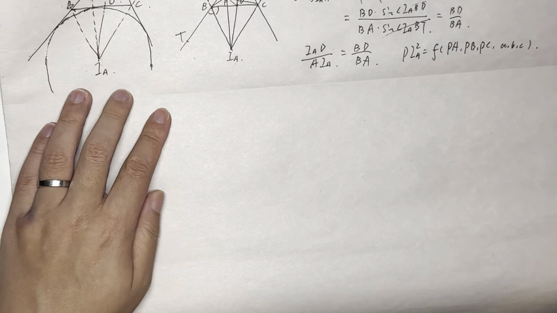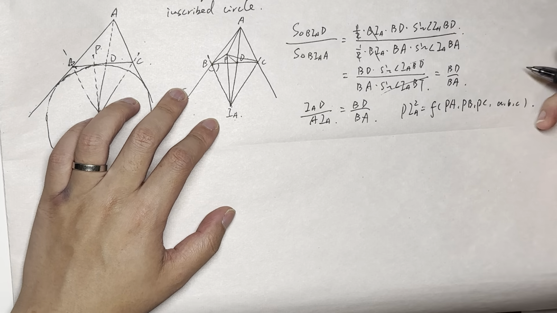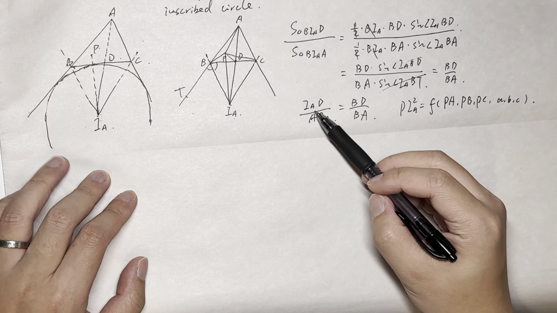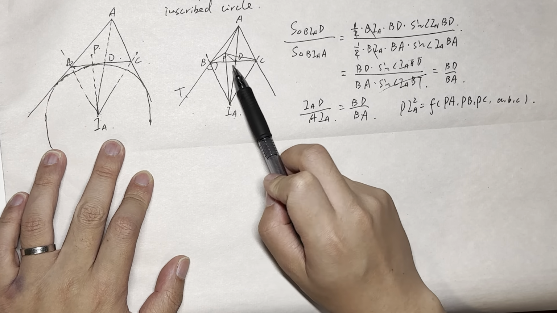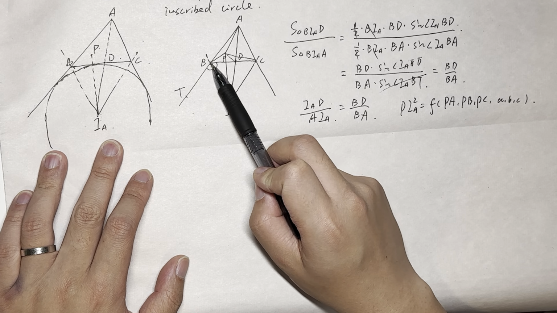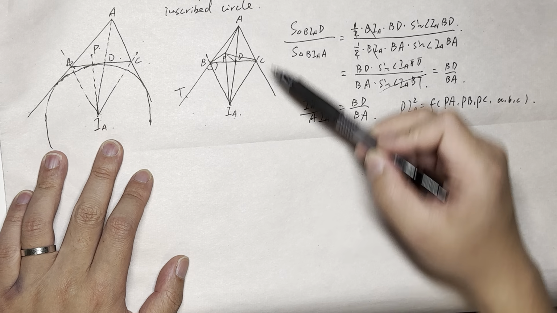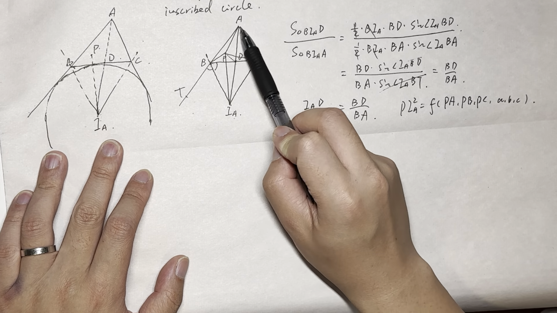Okay. Now come back to what we get here. We already get that IAD to AIA equals BD to BA, right?